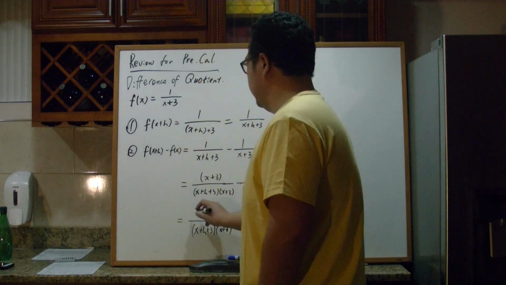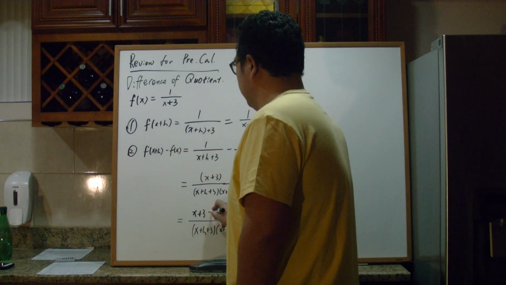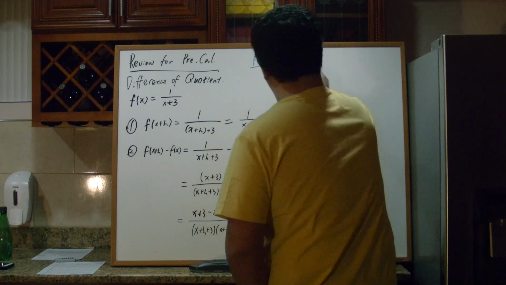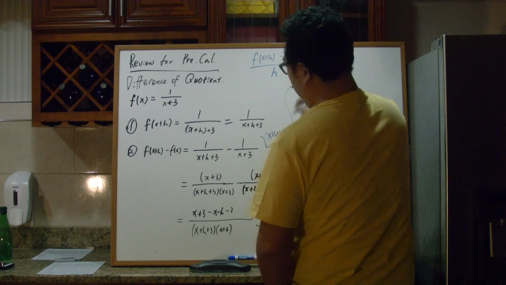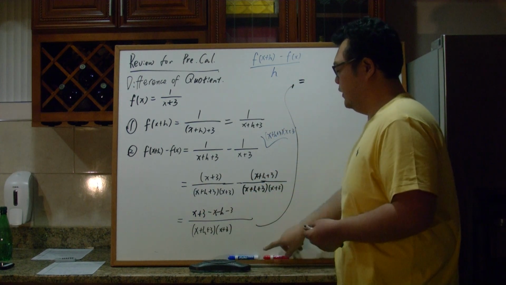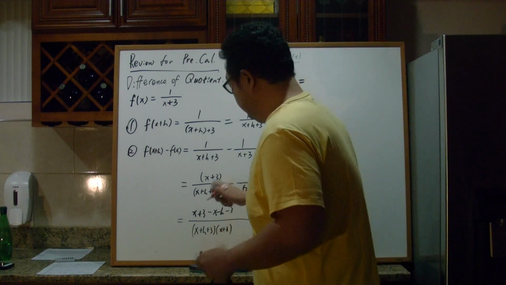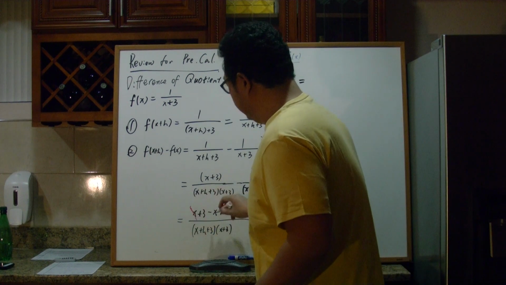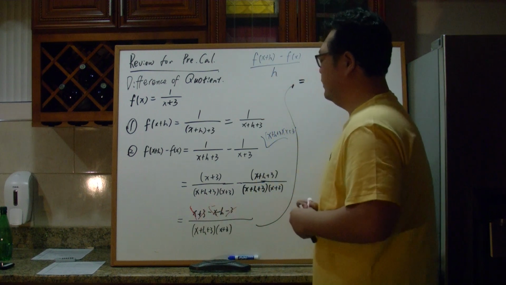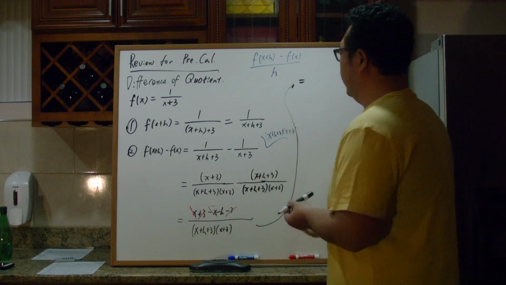We get x plus 3 minus x minus h minus 3. Which x and negative x, 3 and negative 3 are cancelled. The only term left out is negative h.